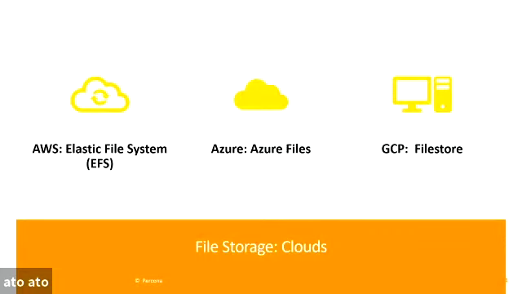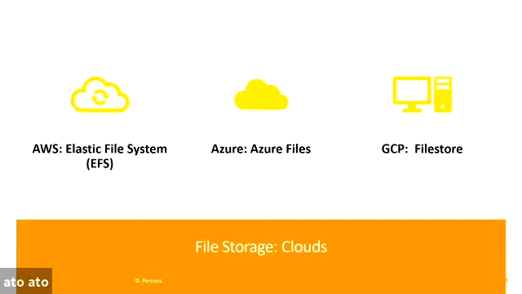The next one would be file store, right? There, the network-based block device gives you a network-based file system. That typically comes with either NFS or SMB interface, right? Or maybe both.